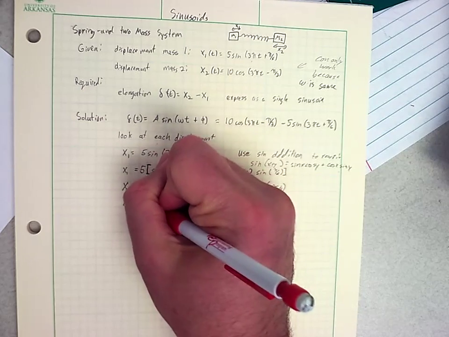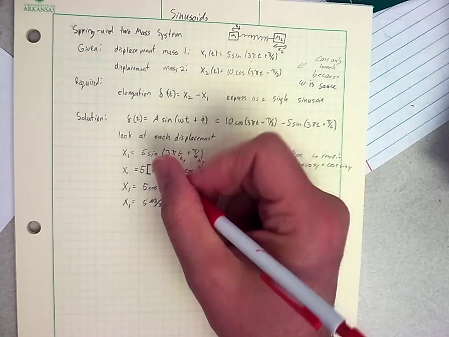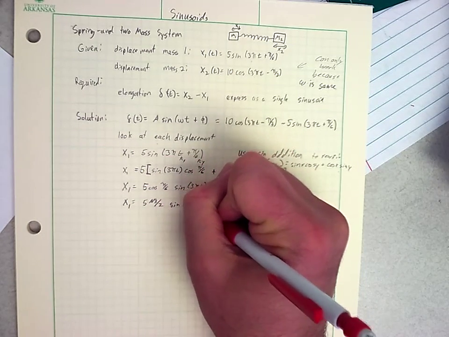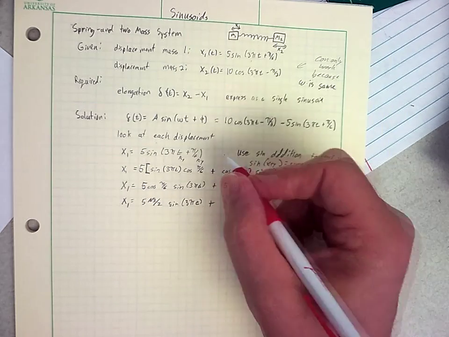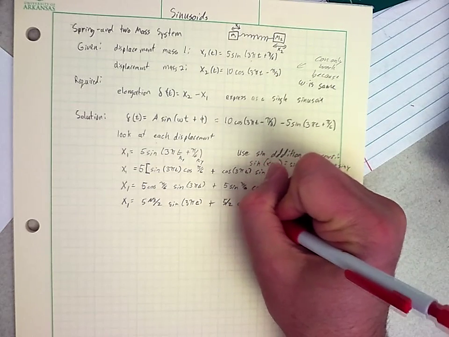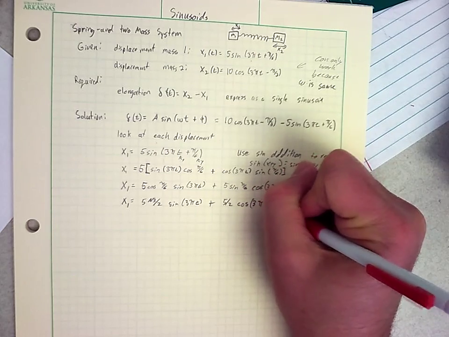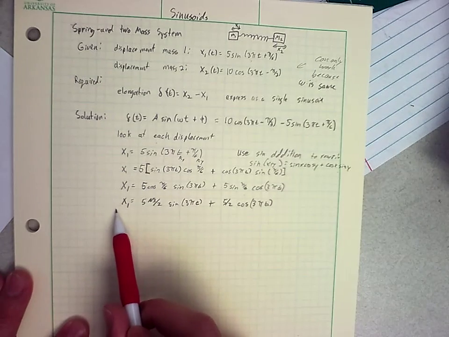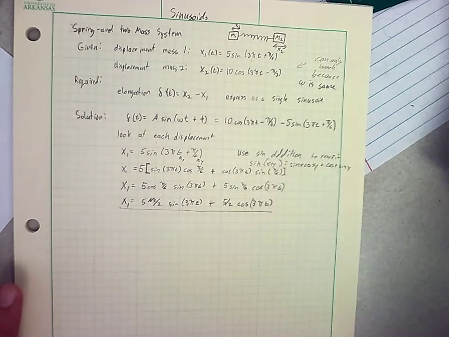So this is 5 square root of 3 divided by 2 times sine of 3 pi t. And the sine is 1/2, so this is 5/2 cosine of 3 pi t. And that just gets me x1. So I'll single underline that because that's going to be useful later, but not ultimately an answer.